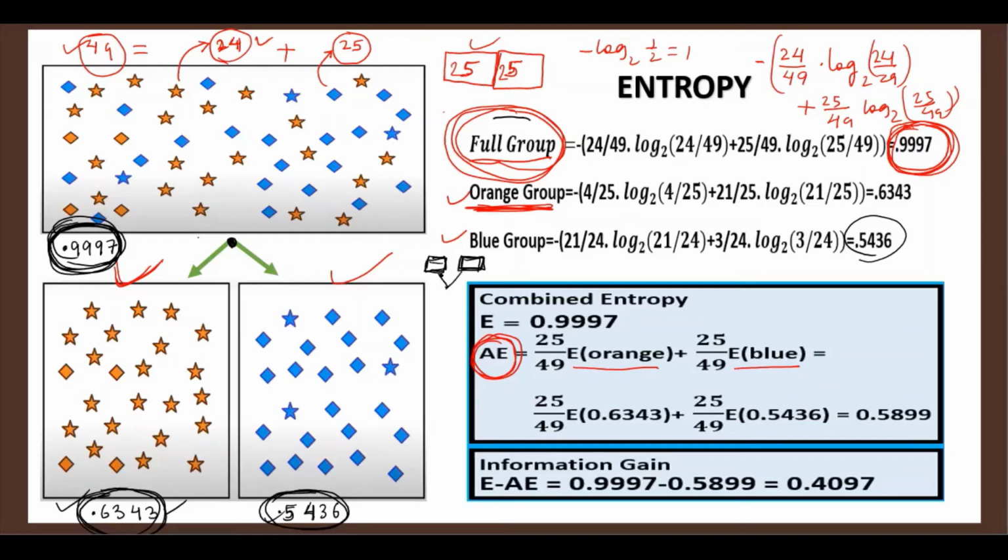Suppose here I'm using CART, and here I'm using ID3. So what will happen is you will get again two numbers here corresponding to 0.6343, because the formula remains the same. Algorithms are different. So you will get a number here, a number here.